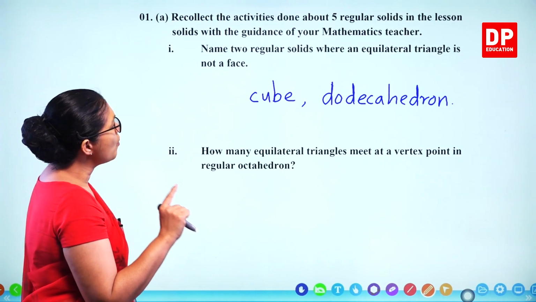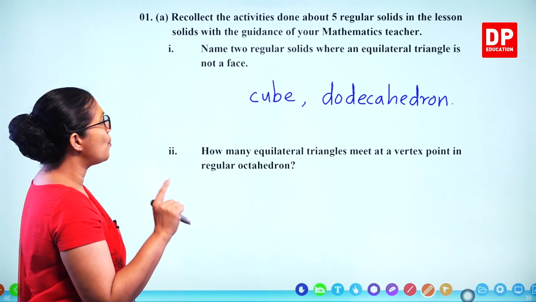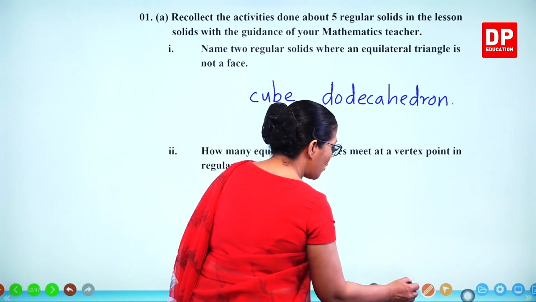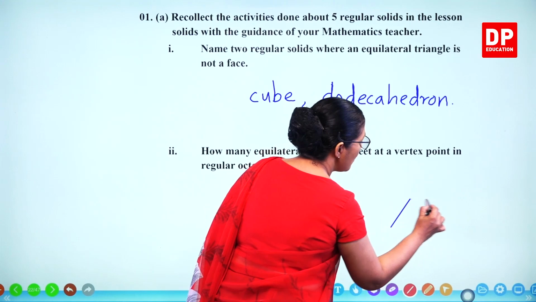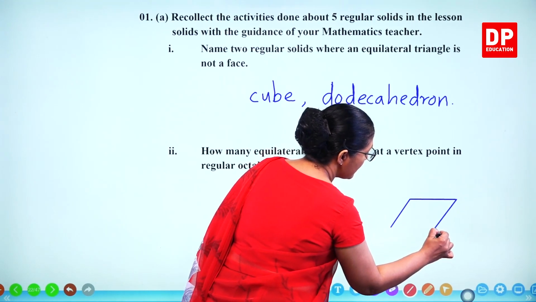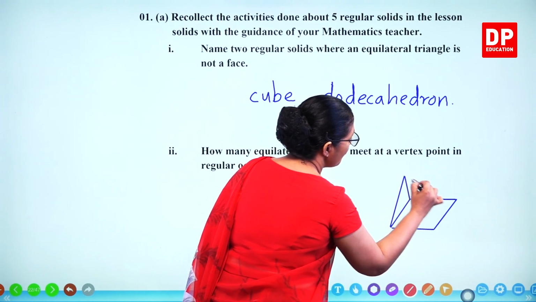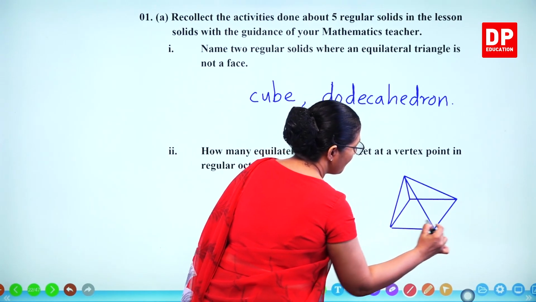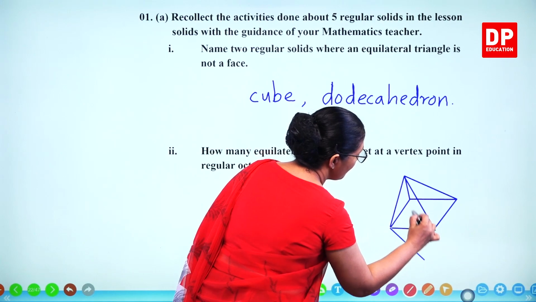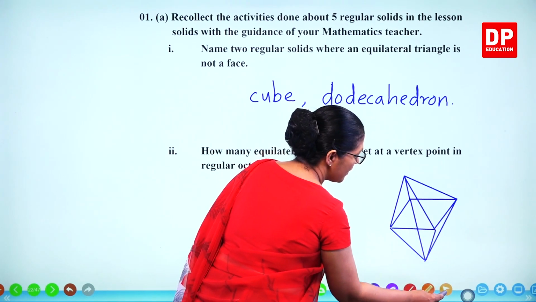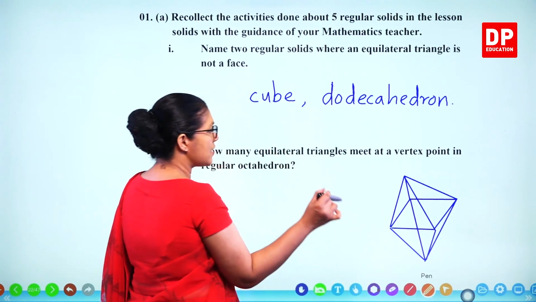Then how many equilateral triangles meet at a vertex point in a regular octahedron? So what is a regular octahedron? If you draw the regular octahedron, something like this now. This is the regular octahedron.